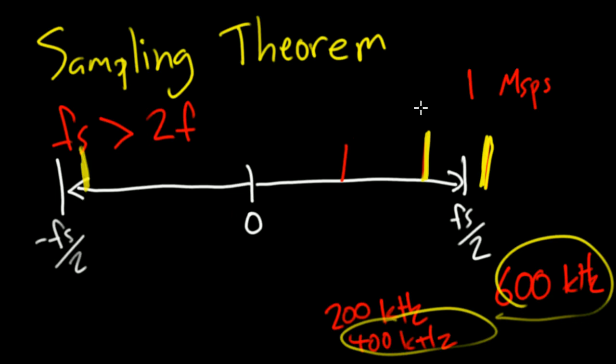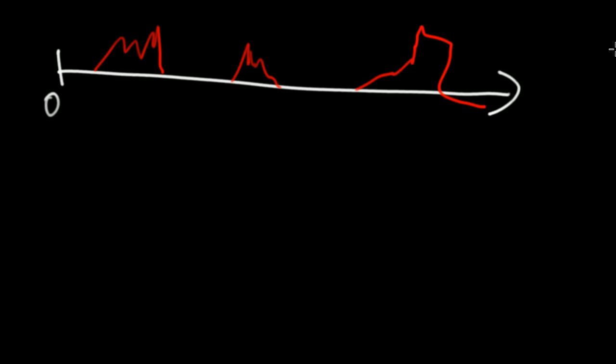So now let's say that we have a real world analog frequency domain here that I'm going to plot. Real world analog frequency domain, it goes infinitely to the right and it starts at 0 hertz. And let's say we have some signal here, and some signal here, and some signal here, and we want to sample one of these things. Well, let's say we want to sample this one. Then the traditional thing to do is to find its highest frequency of interest, let's say we want to capture from here to there.